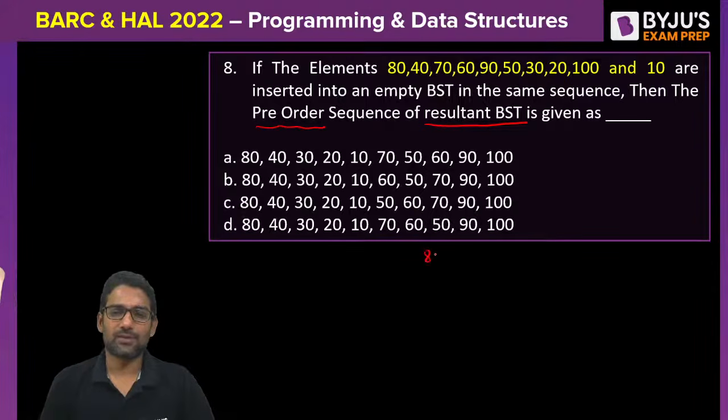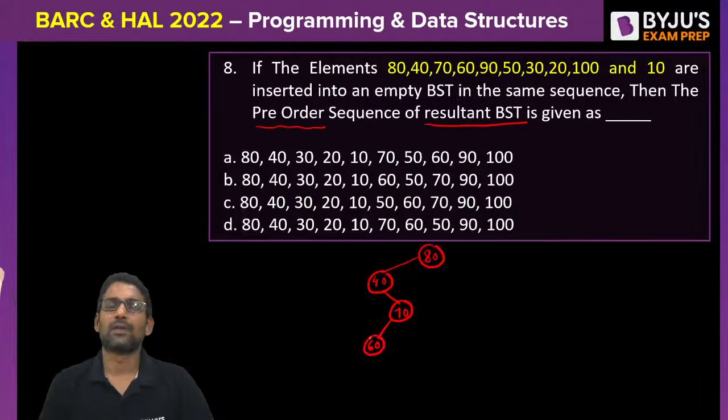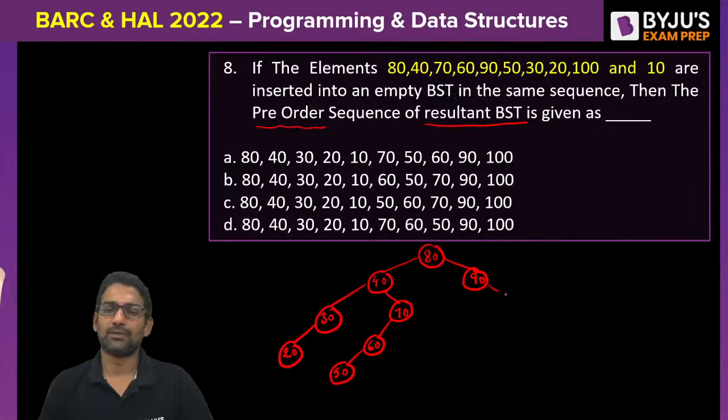Always the first node is considered as parent or root node. 40 compared with the root, as it is smaller, it would be left child. 70 compared with 80, compared with 40. 60 compared with 80, 40, 70. 90 will be right of 80. 50 less than 80, greater than 40, less than 70, less than 60. 30 less than 80 and less than 40. 20 less than 80, 40, 30. 100 towards the right side of 90.